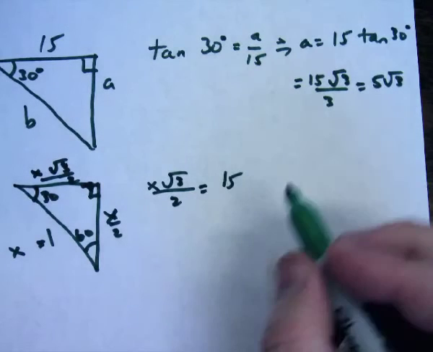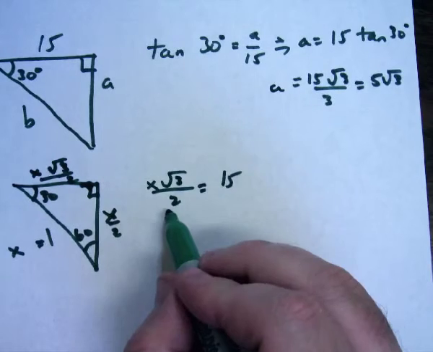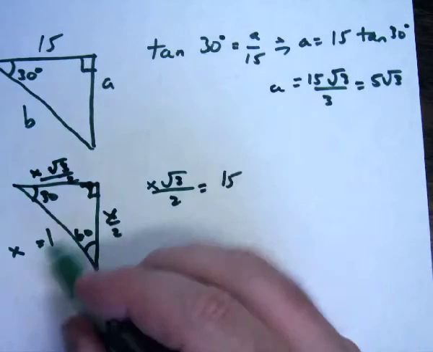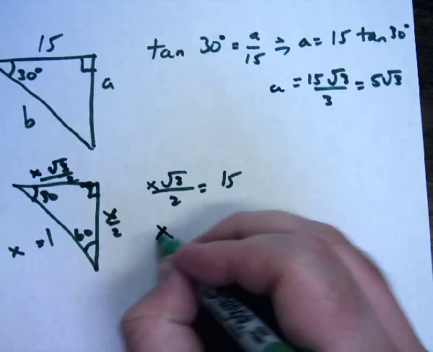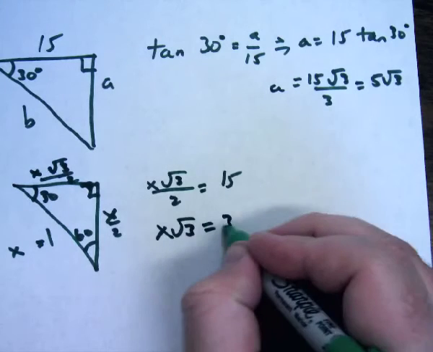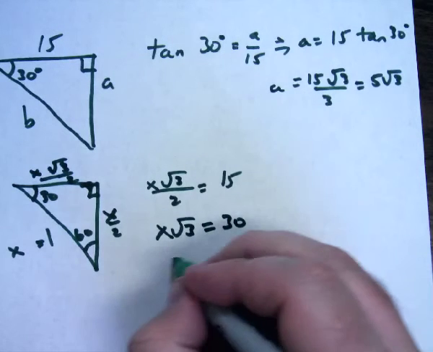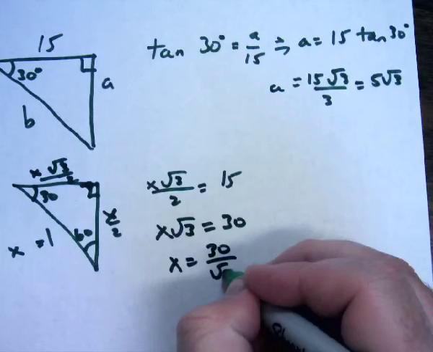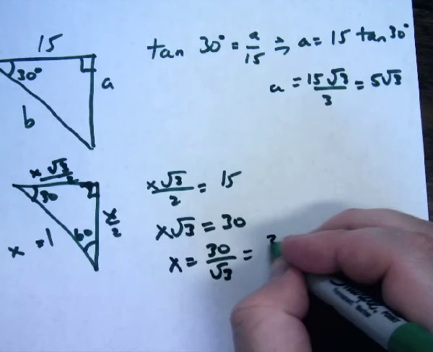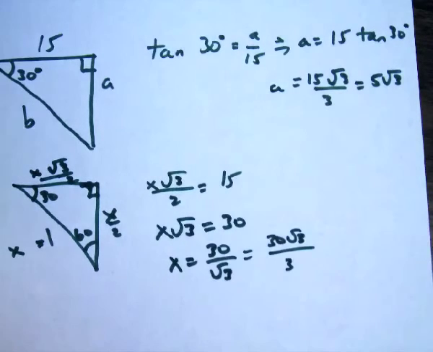So if I want to find what x is supposed to be, first thing is to multiply 2 to both sides, and I get 30. And then I divide by root 3, and I get 30 over root 3, which equals, I'm going to multiply both sides, top and bottom I mean, by root 3, and I get 30 root 3 over 3, which equals 10 root 3.